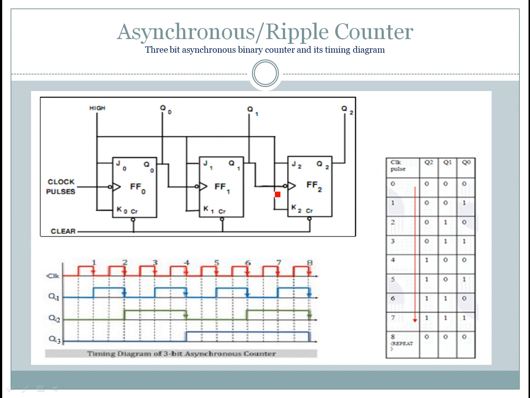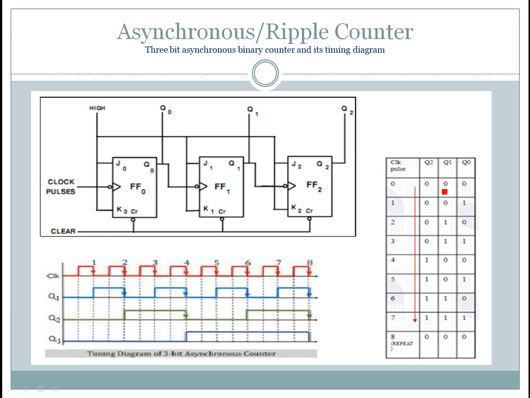And this is the up counter. You can see it in the truth table here. Q2, Q1, Q0 are the 3 outputs that you can see in the circuit diagram here. Here Q2 is the MSB and Q0 is the LSB, that is least significant bit.